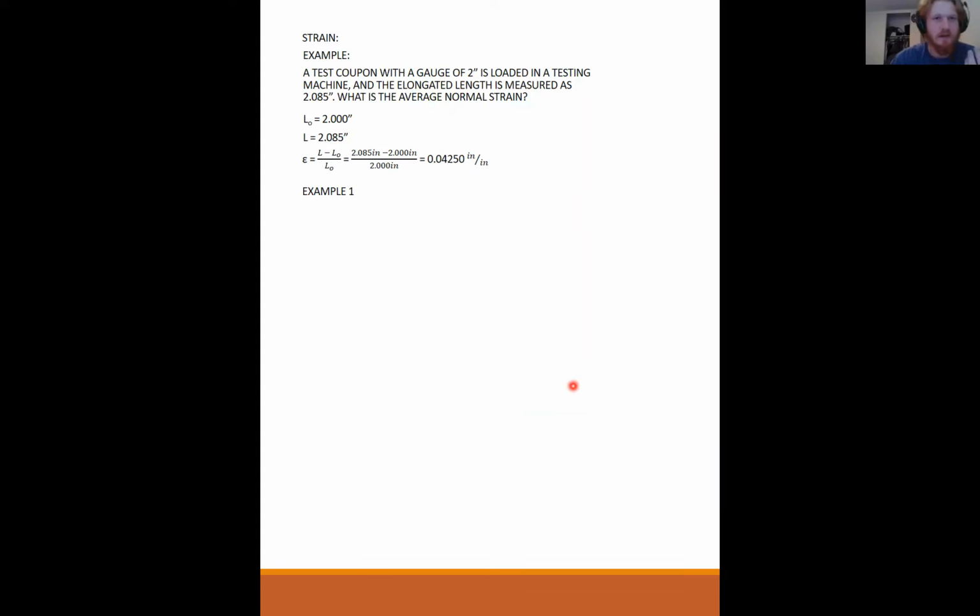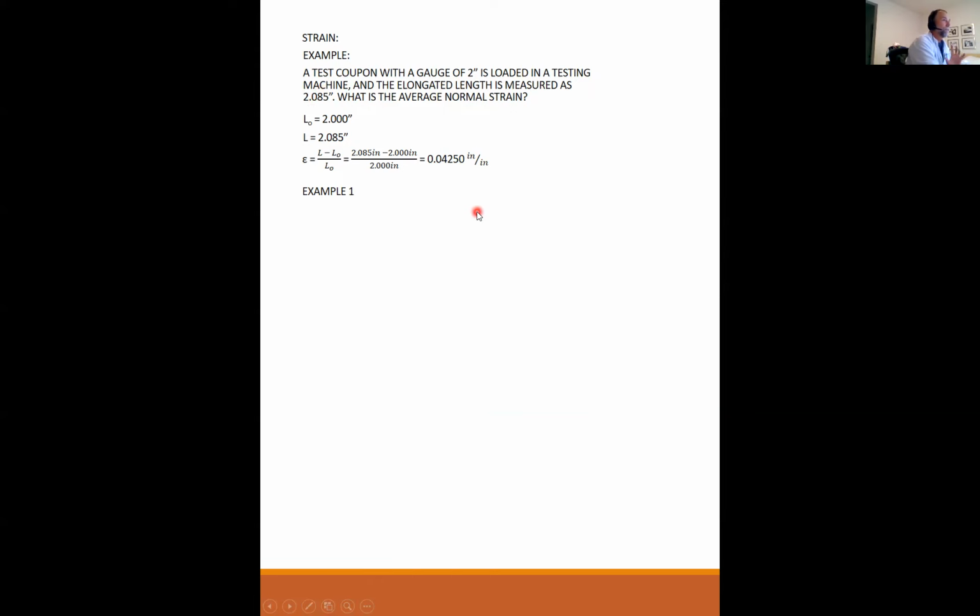You're not understanding the concept completely, but you're really close. What you're saying is for every inch of original material, it's going to stretch 0.0425 inches, when it's in tension. Yes. When it's at this point in tension.